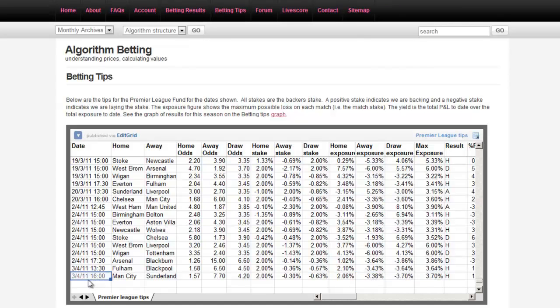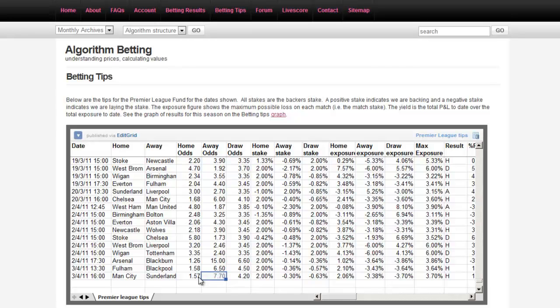So starting on the left, we have the date of the match, Man City Sunderland, 3rd of April, 4 o'clock. Now, all of our tips are placed on the website a few hours before the match kicks off. So these are the actual odds which are on Betfair when we calculate the bets, and we put them on the site a few hours before.